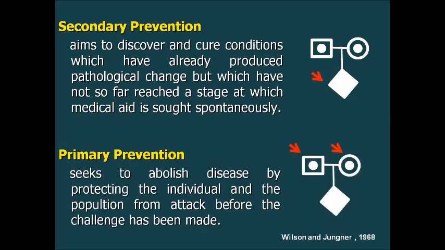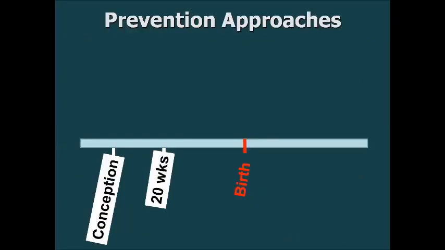Primary prevention seeks to abolish disease by protecting the individual and the population from attack before the challenge has been made. And in expanded carrier screening, when we identify preconceptionally at-risk couples, we have the opportunity to apply primary prevention techniques, and I'll get into these.